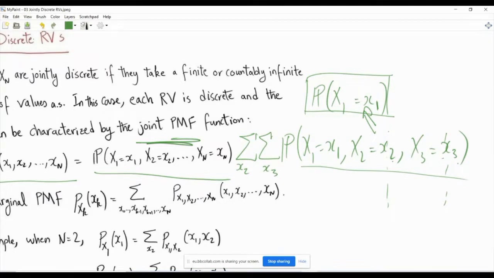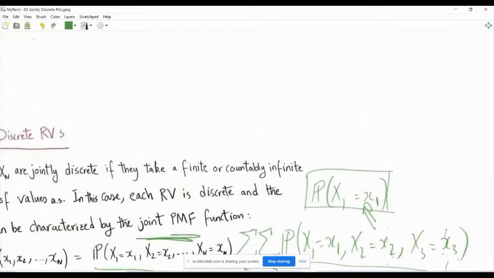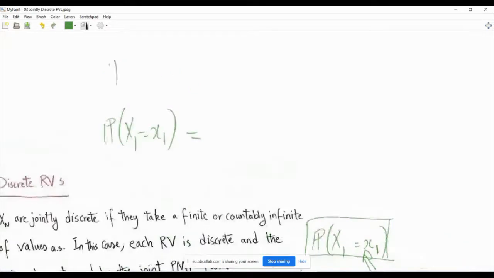If you think about the law of total probability, suppose that you are interested in something and you cannot get it directly. Remember, what is the law of total probability? Let me write it in the abstract form first.